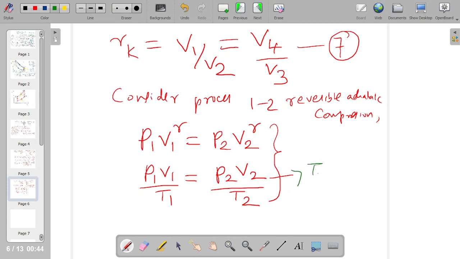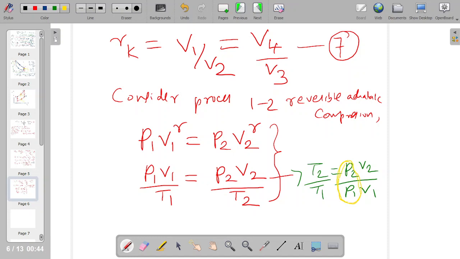So from this equation we can write T2 by T1. T2 by T1 will be P2 V2 by P1 V1. Now somehow we have to replace this pressure, then only we will get a relation between temperature and volume.